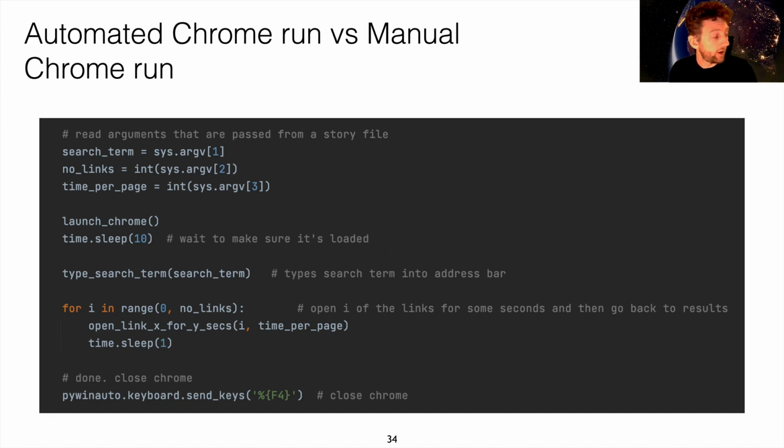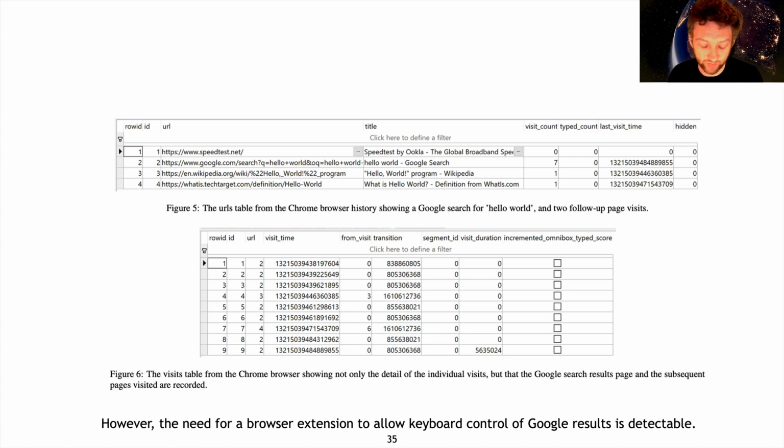The results from the browser experiments were quite interesting. Whilst we did install a browser plugin to allow the tab key to be used to navigate through the results, aside from the presence of that browser extension in Chrome, the results between the automated version and a user manually searching for something, clicking one of the results, going back, clicking a different result, going back, were recreated very well using just the keyboard.